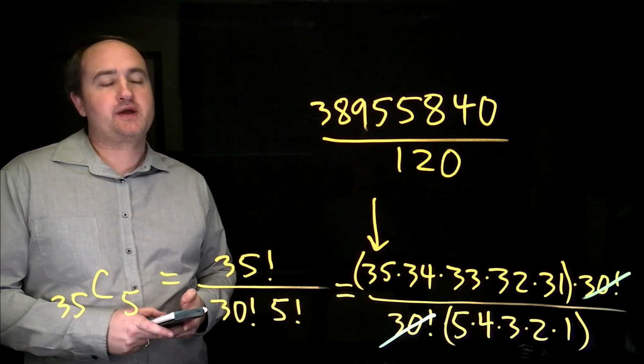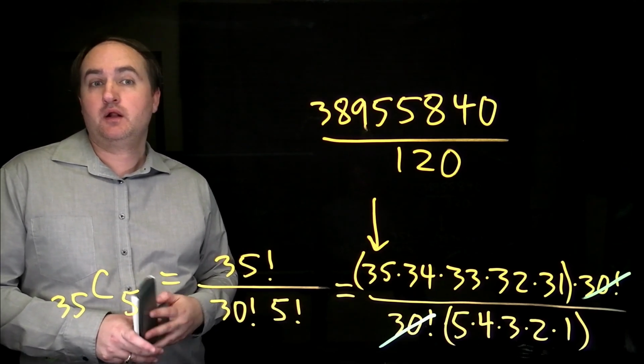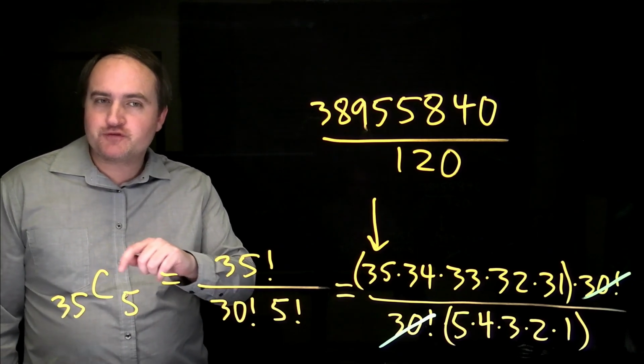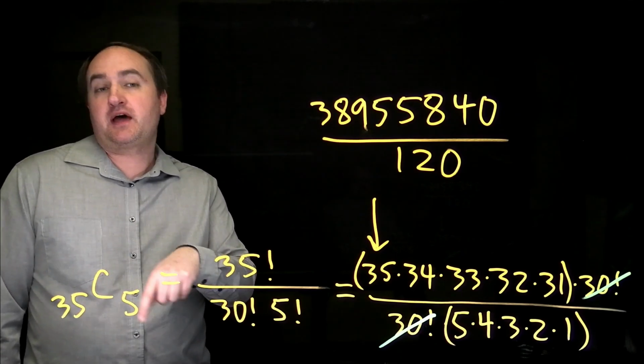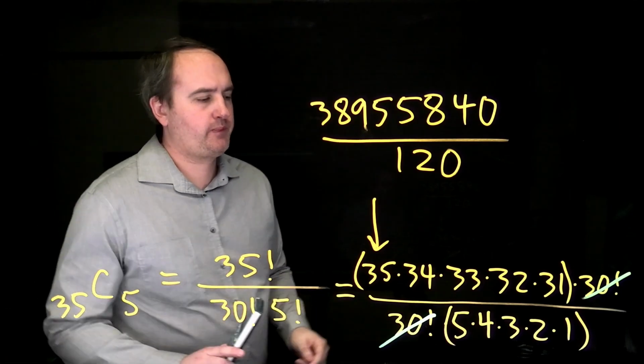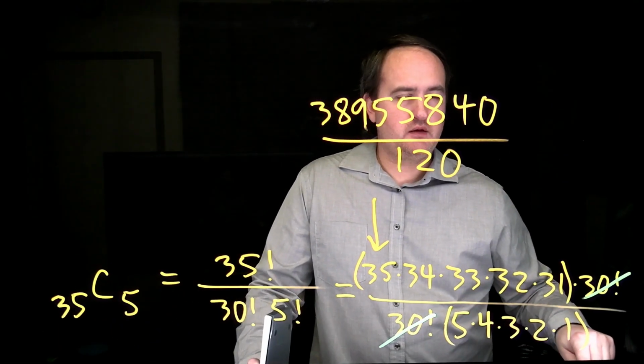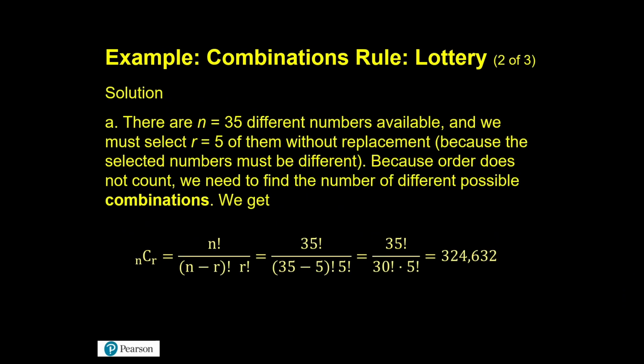And that will bring us to 35 choose 5 is how some people would say this. 35C5 or 35 choose 5. Okay, so let's go back to the slides. And here they did the same thing we just did, and they got 324,632 after they divided.